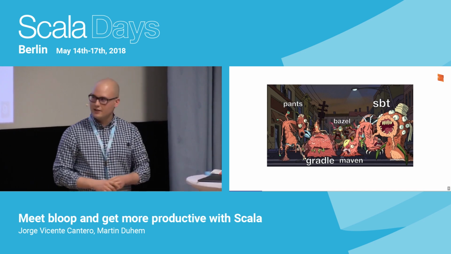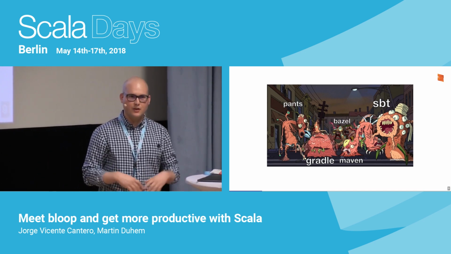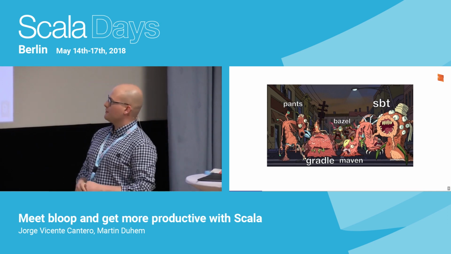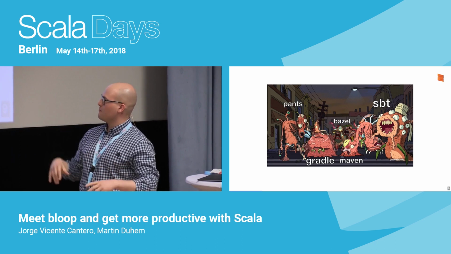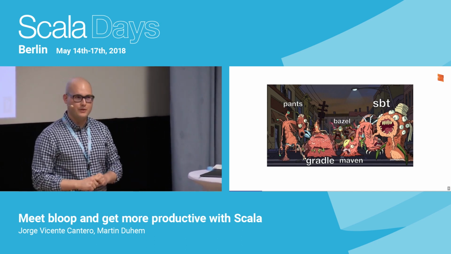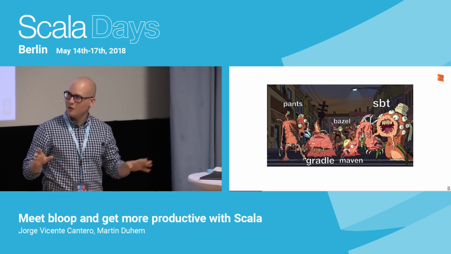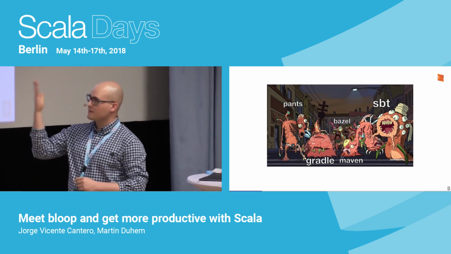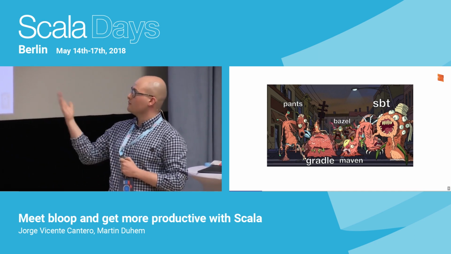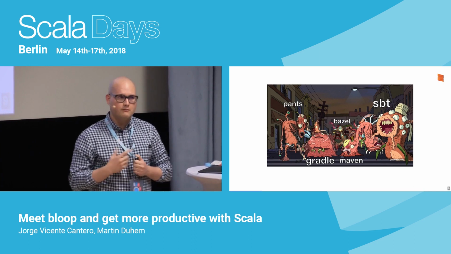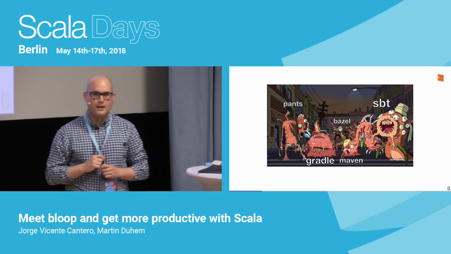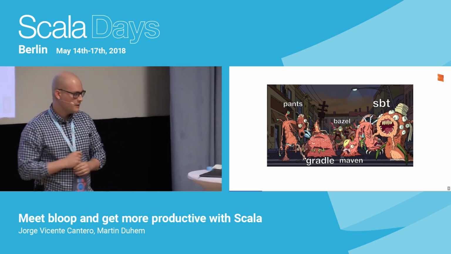So I imagine that most of the people that don't work on build tools see build tools like this, right? Like this beast that has many different properties. They are very different from each other, and they allow you to do things in completely different workflows. So you have Pants and Bazel that are source-based dependencies build tools, and then you have Gradle, Maven, and SBT, which predicate more on binary dependencies and have other ways of working.